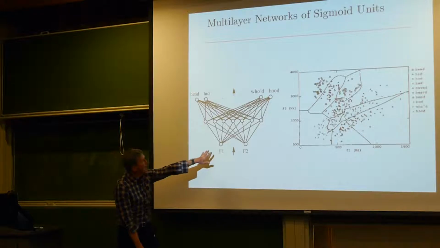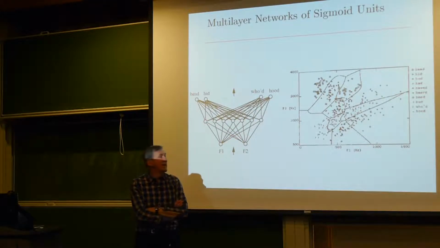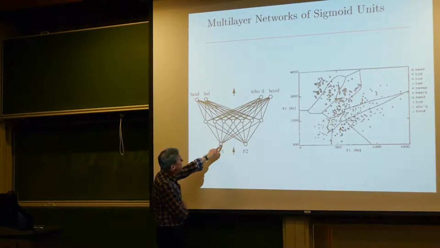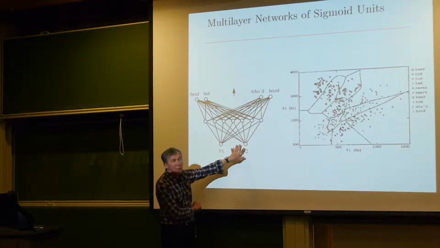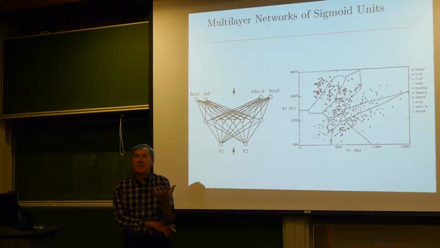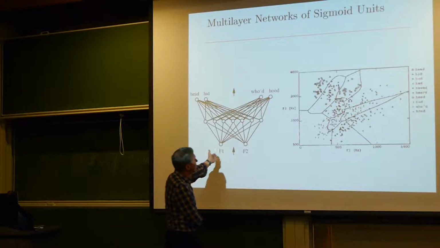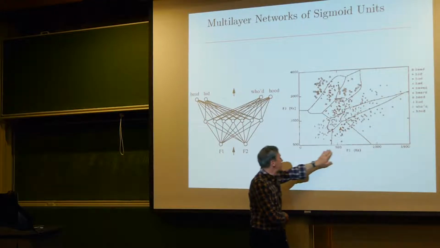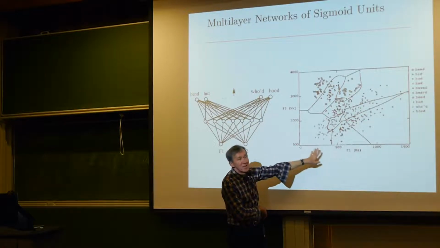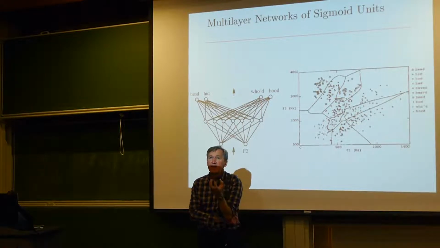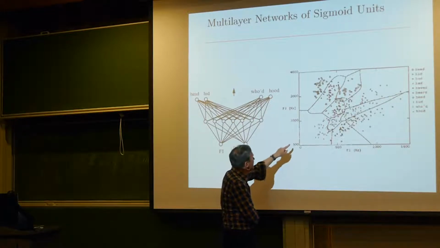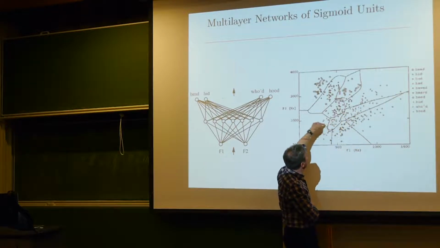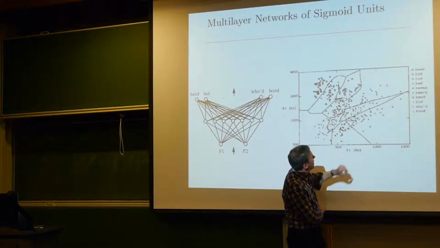And here's an example of a neural network. These two nodes represent the inputs that represent a speech signal. In this case, these are frequency formants that capture two different parts of the power spectrum of a speech signal. Each point here is a speech data point.